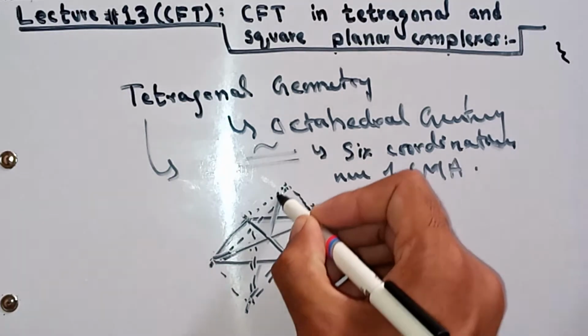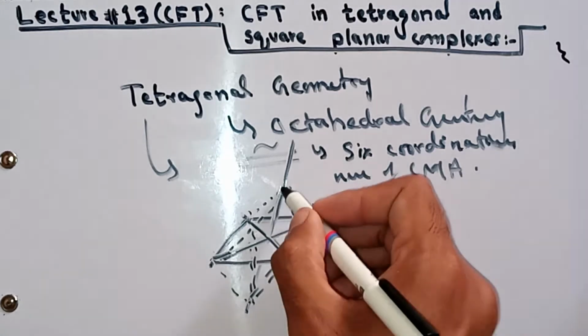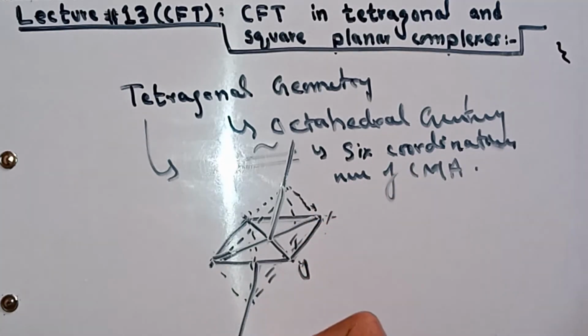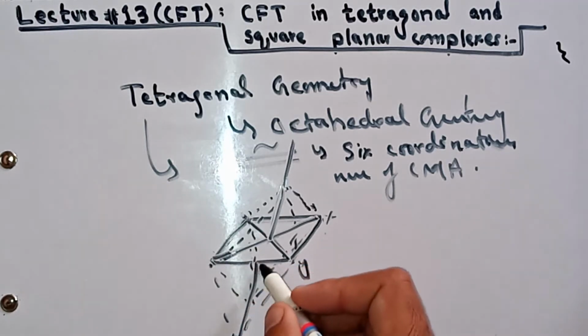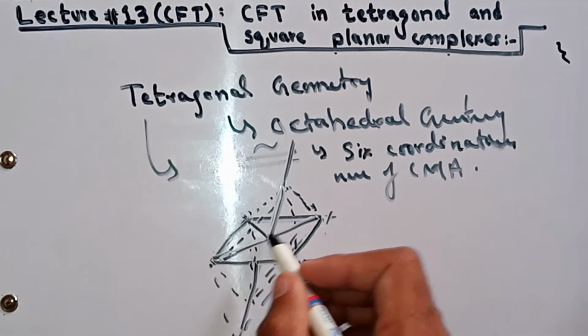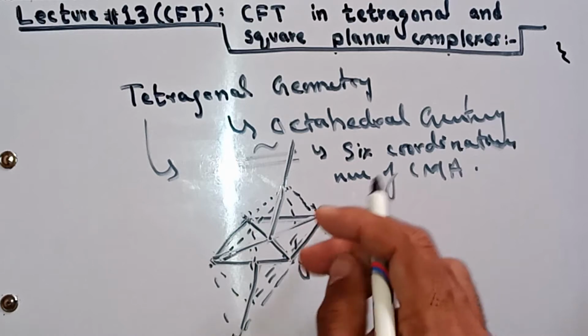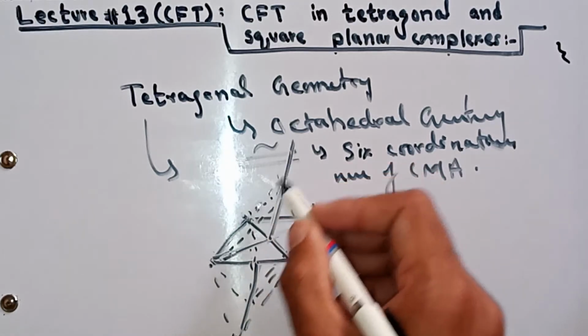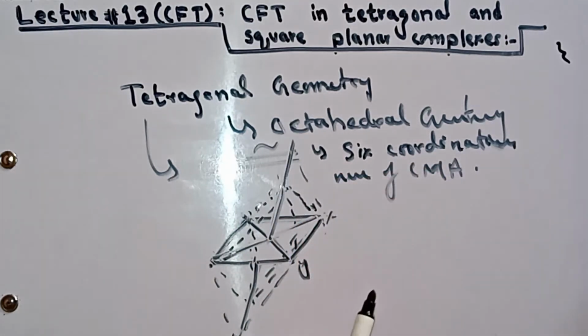If the axial bond is larger while the equatorial bond is shorter, then this geometry will be called tetragonal geometry.